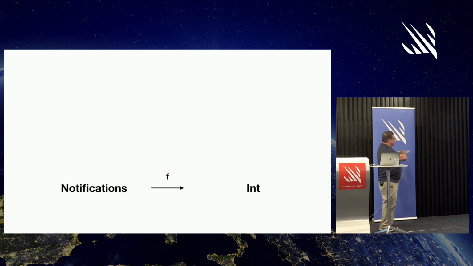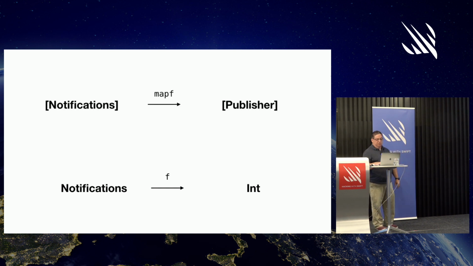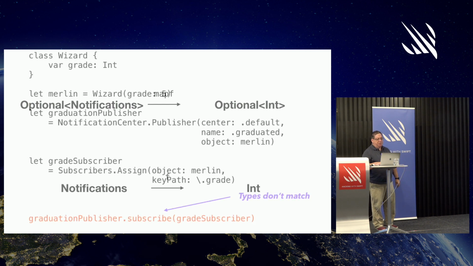So I have notifications being sent out. If I want to lift this into the world of not arrays, right? Array generic and notifications, not optionals, optional generic and notification, but in publishers.